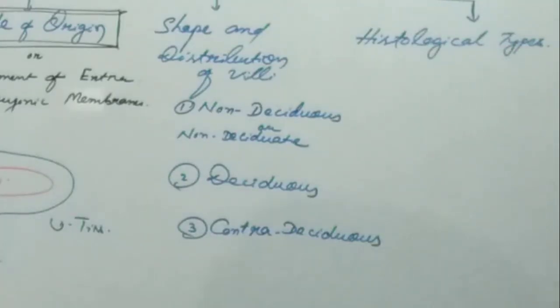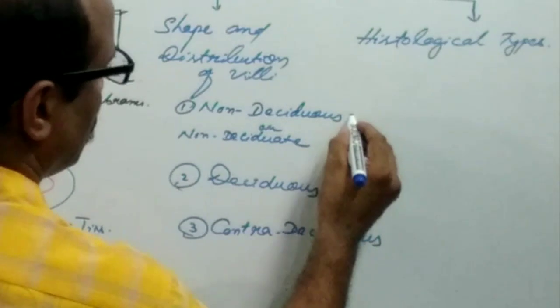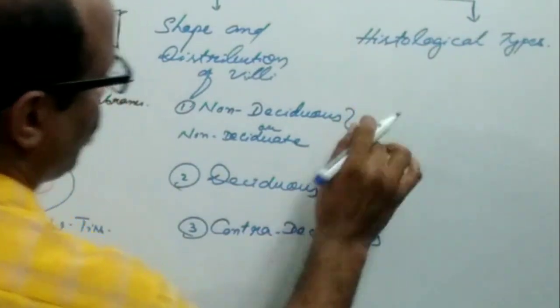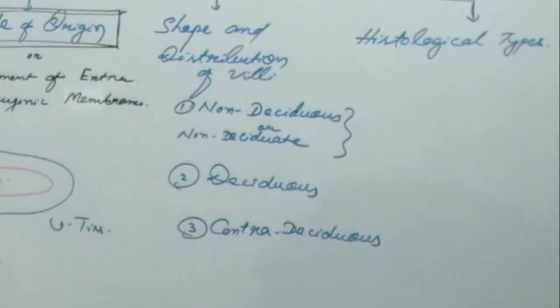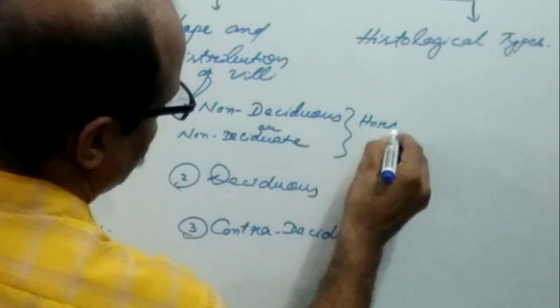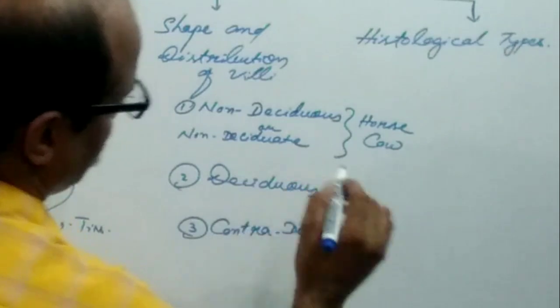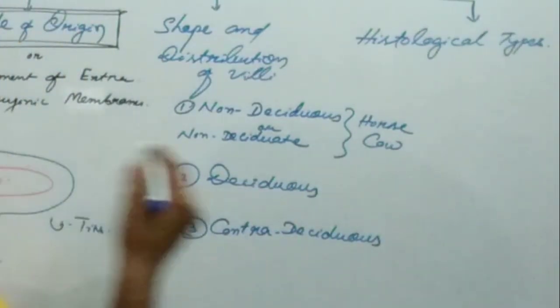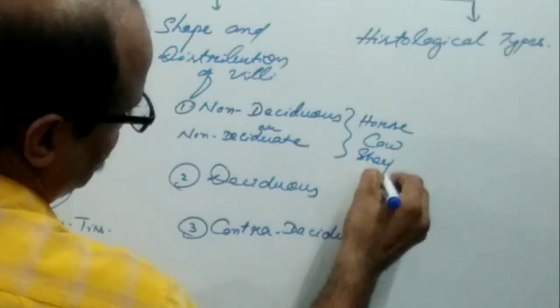Such a non-deciduous placenta is found in the horse, cow, sheep, and camel.